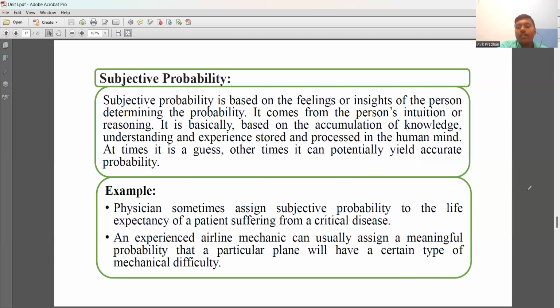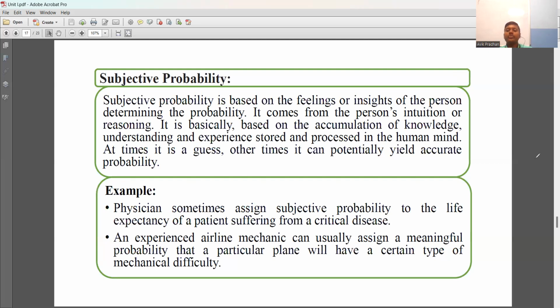So the third approach to assign the probability is the subjective probability. This is something which is different from the last two approaches. In the classical and statistical approach, we are actually finding the probability mathematically.